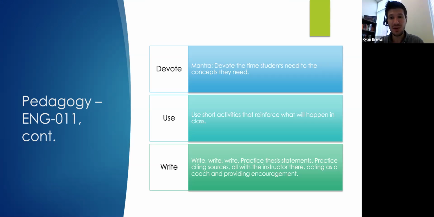So we need to give the students a time and a space to sharpen the saw, as Stephen Covey mentions, and have them really work on those things that they need the chance to develop. So maybe some weaker aspects of their writing, but this is an opportunity for students to think about concepts learned in English 111, and then practice those concepts in English 011.